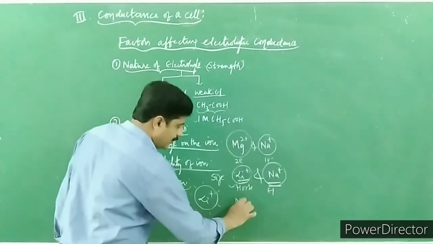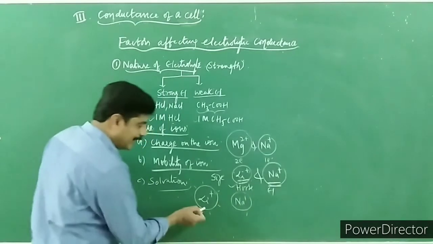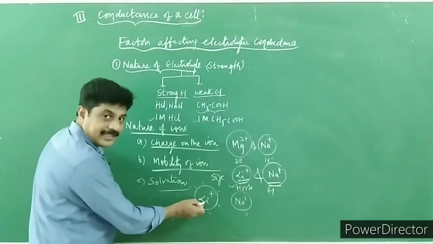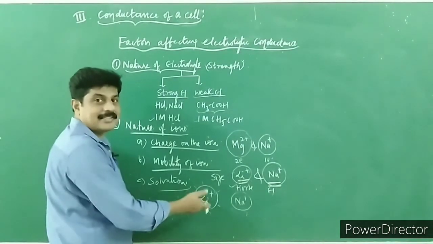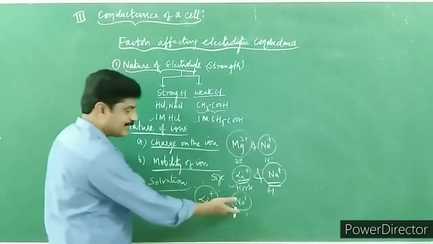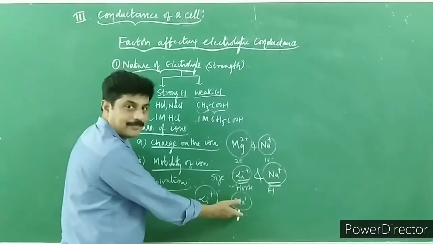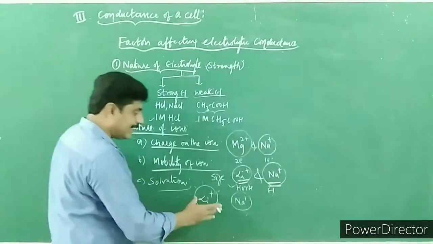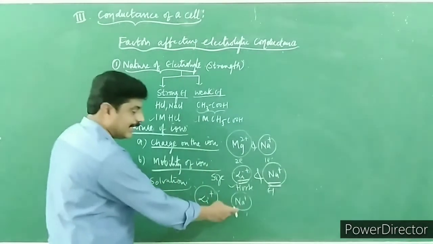Now sodium does not undergo solvation. Look here, though the size of lithium is lesser, it undergoes solvation and hence its mobility decreases, whereas sodium does not. Hence mobility is more with the sodium ions. That is why conductance in the case of lithium ion is lesser than sodium.